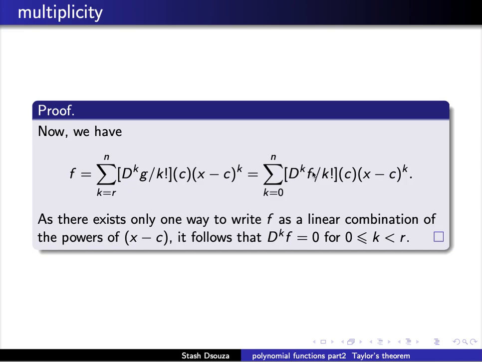Now we can replace g so that we write this same sum as the kth derivative of f on k factorial evaluated at c times x minus c to the power k, with indices k going from 0 to n.